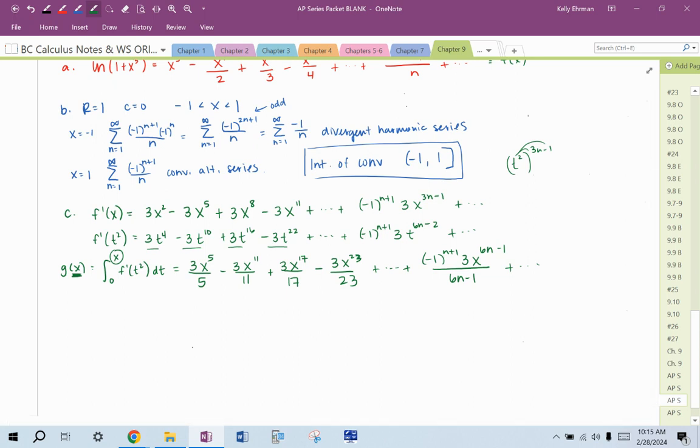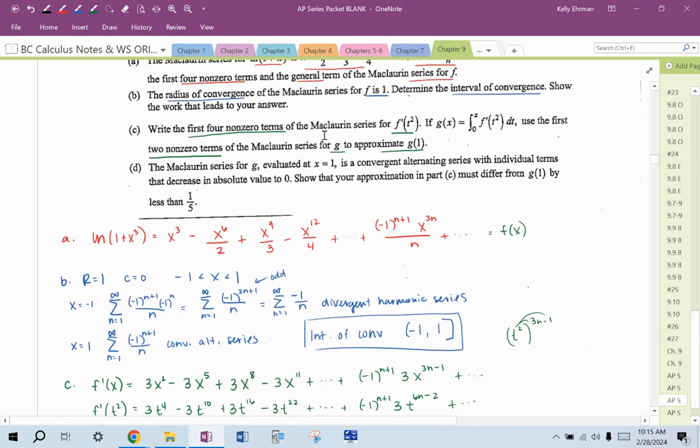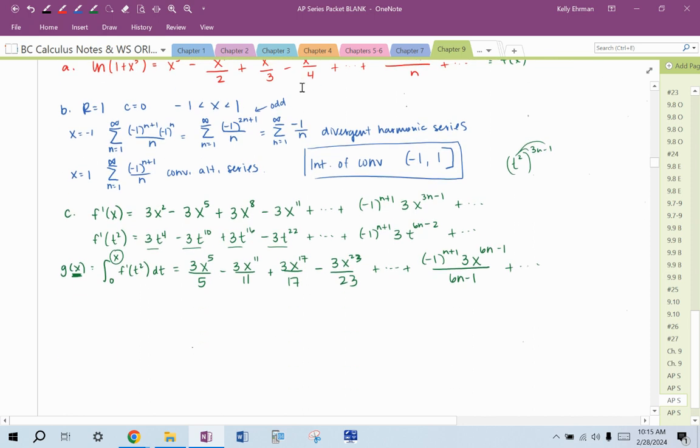All right. And what else are we supposed to do with this? So here's the series. Use the first two non-zero terms. I went farther than I needed to. Use the first two non-zero terms to approximate g of 1. So if this is g of x, g of 1 is approximately equal to 3 times 1 to the 5th over 5 minus 3 times 1 to the 11th over 11.